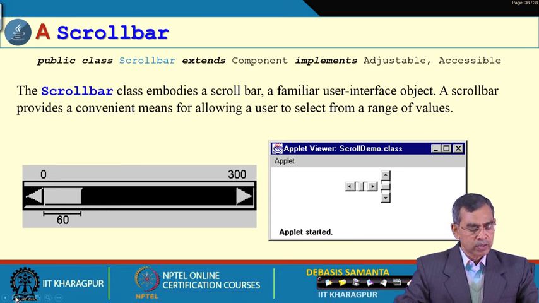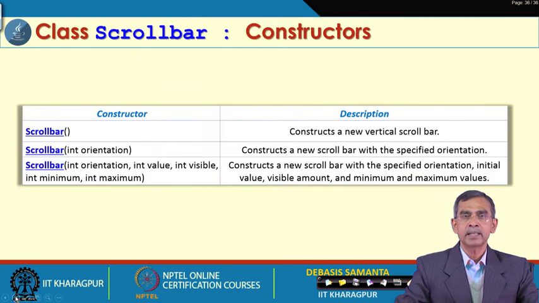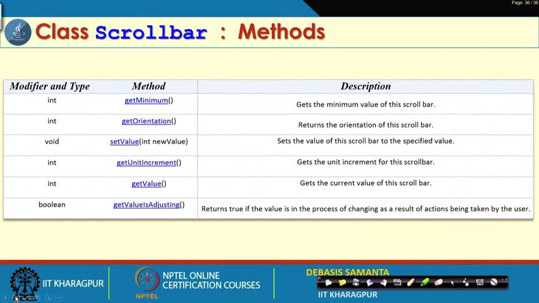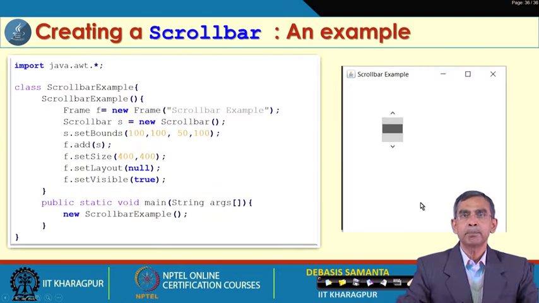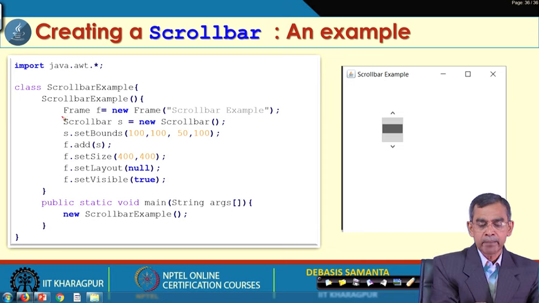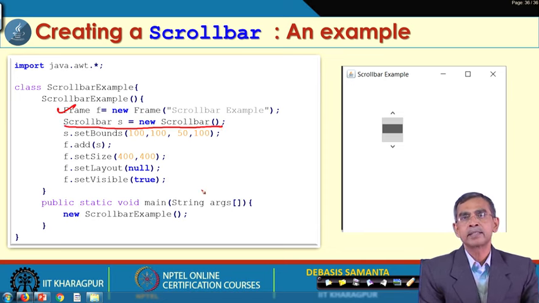Now, let us see how the scroll bar can be created. For this there is a class called the Scrollbar class in the AWT package. It has 3 constructors and a few methods, and this example shows how a vertical scroll bar can be created. Here the frame is as before, and the scrollbar is the instance by which a scroll bar object can be created.